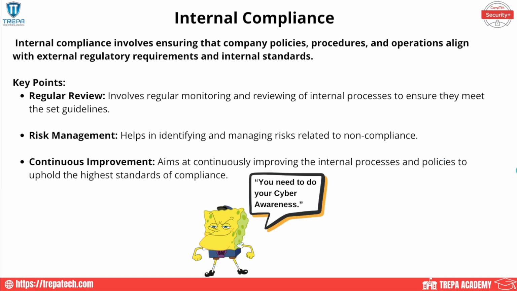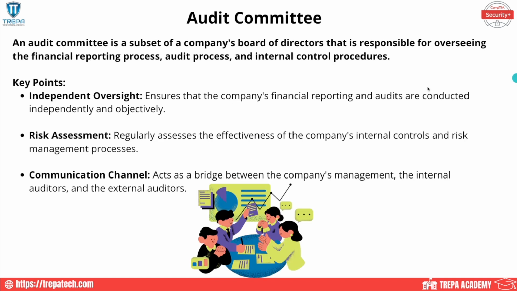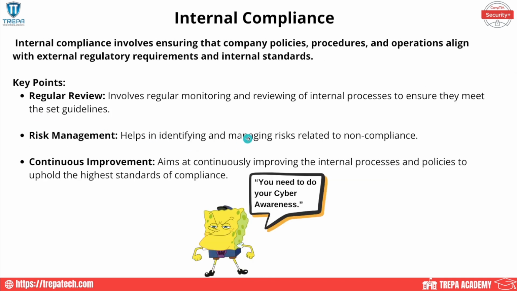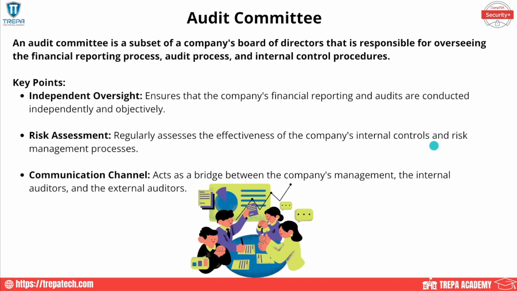So some key points. So regular reviews. This involves regular monitoring and reviewing of internal processes to ensure they meet the set guidelines. Risk management. This helps in identifying and managing risks related to non-compliance. And then continuous improvement. So this aims at continuously improving the internal processes and policies to uphold the highest standards of compliance.